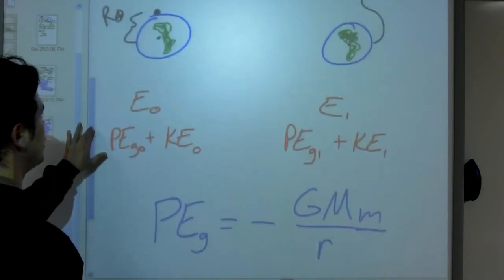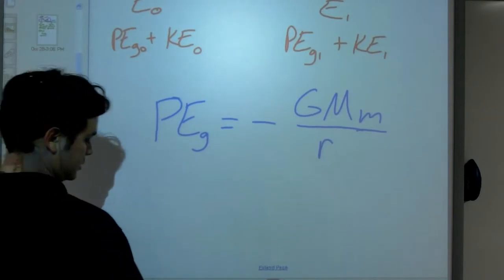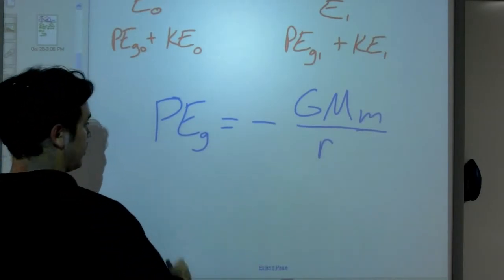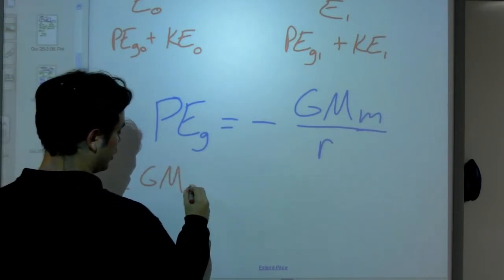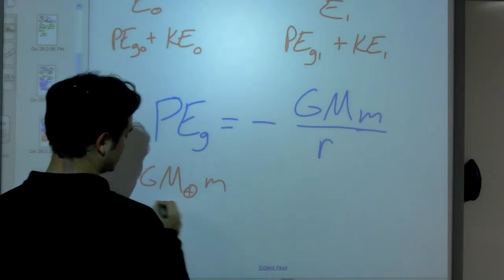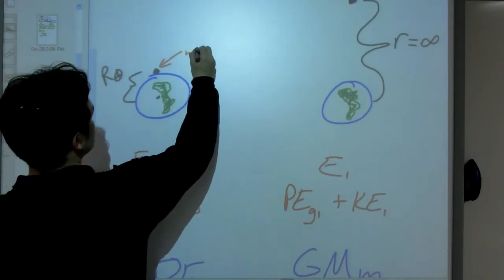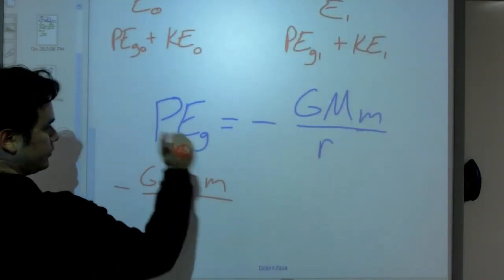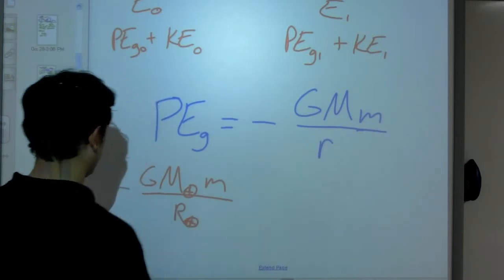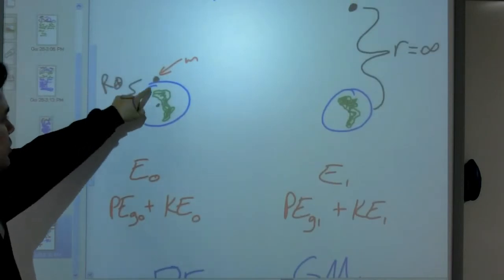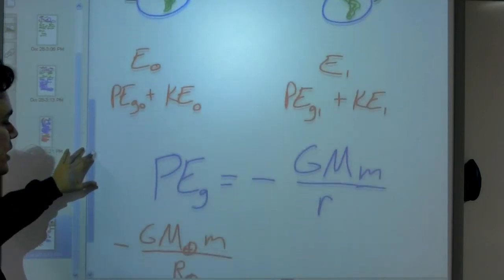All right, so let's take a look at our initial energy. Our initial potential energy due to gravity is going to be negative G, mass of the Earth, times the mass of whatever object we've got that's going to go away from the Earth. So that's got some mass m, over the radius of the Earth, because our distance between our object and the center of gravity there is going to be the radius of the Earth.